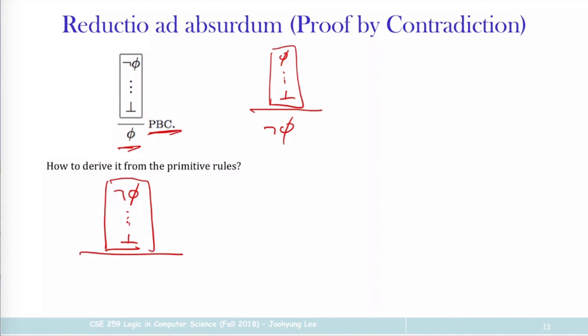You assume negation of phi and you derive a contradiction, right? Not phi. So negation introduction rule. Okay, so that is not phi. But we know that the double negation elimination rule can be applied. Okay, so you can get phi. So you just need one more step here.